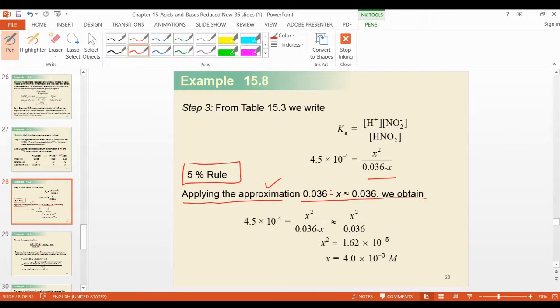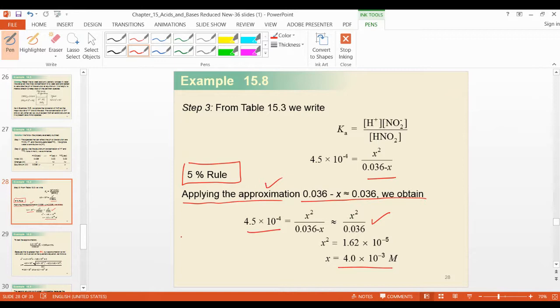Why do we do this? Because we consider x as very little dissociation, negligible dissociation. So x squared is equal to this multiplied by this, and you get the x value.